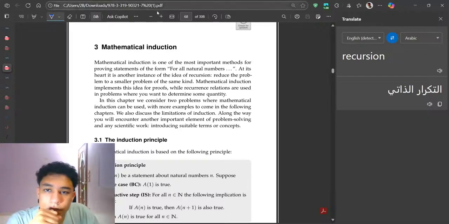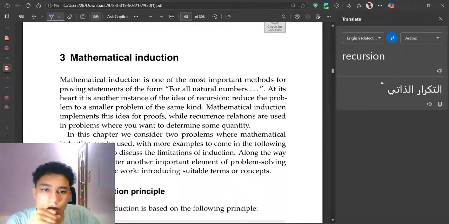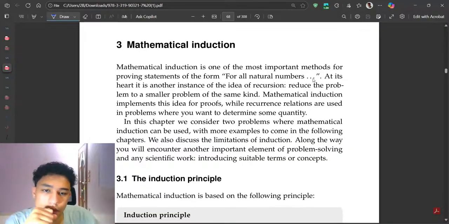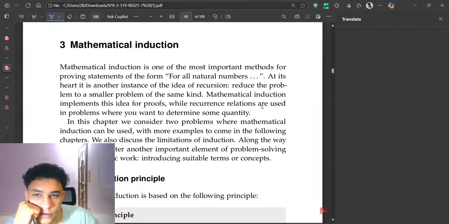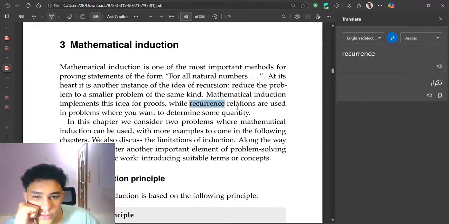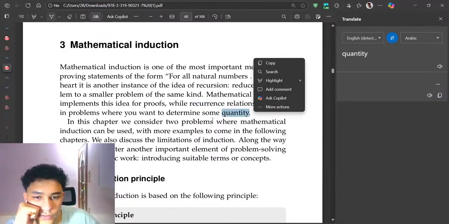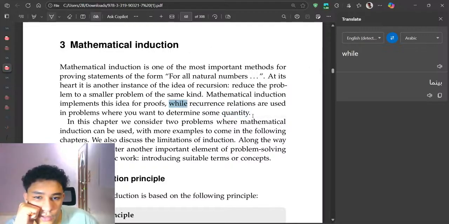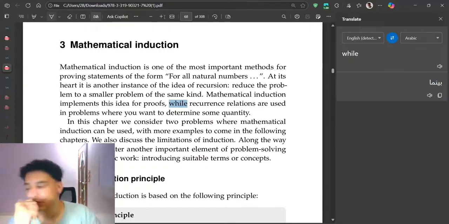Mathematical induction implements this idea for proofs, while recurrence relations are used in problems where you want to determine some quantity.